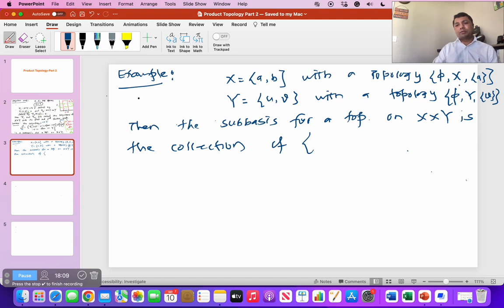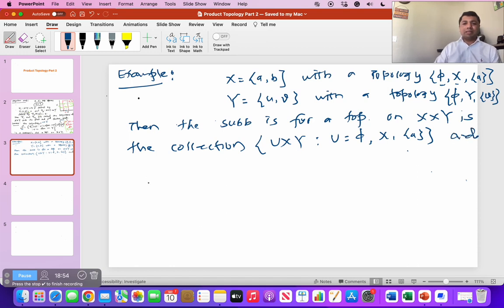The open subsets of X are these three subsets, so you take the Cartesian product of each of them with Y. The collection of U cross Y, such that U is an open set in X, which is one of those three sets: phi, X, and {A}.